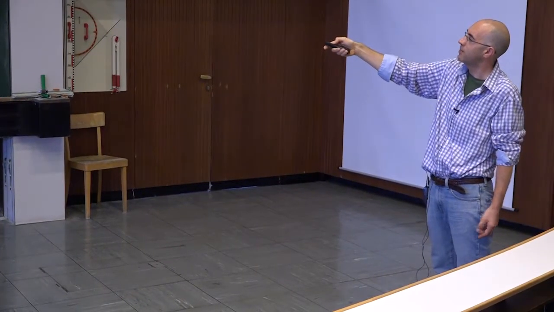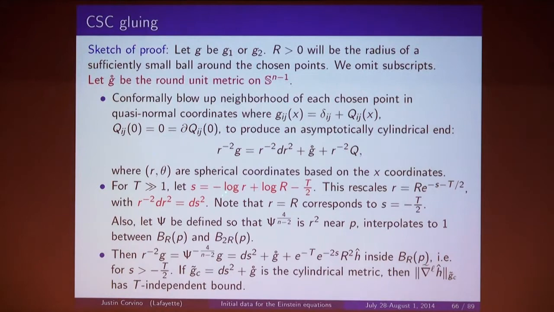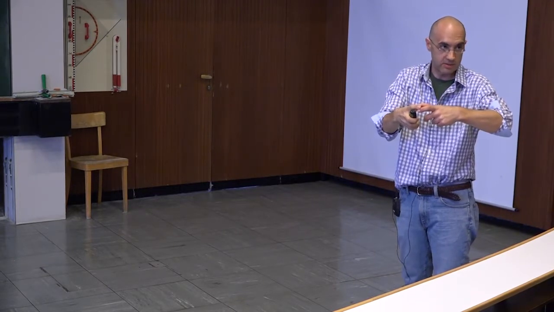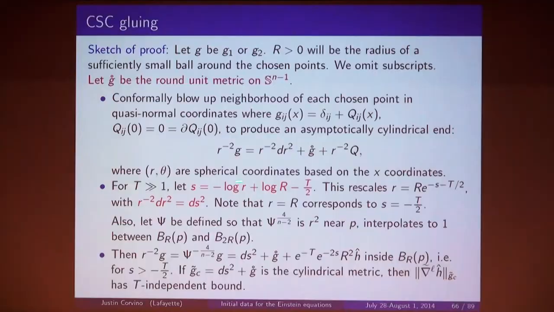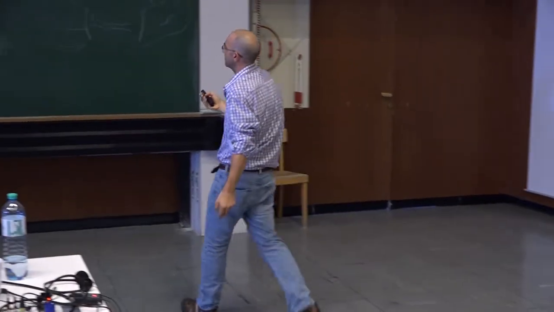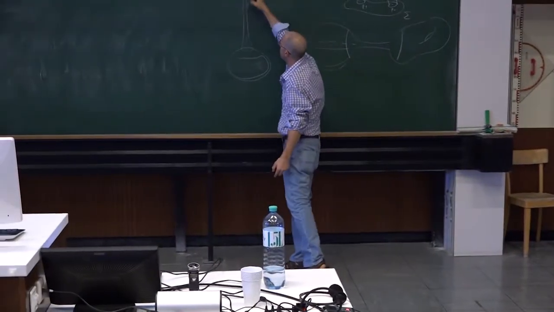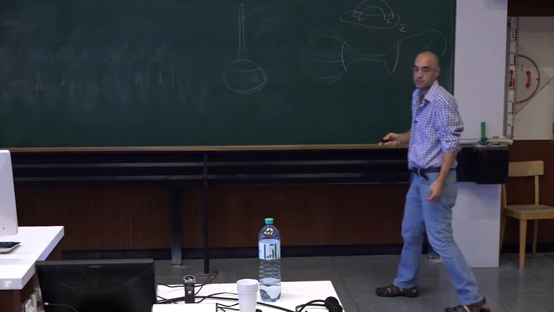It's convenient to make s be equal to this thing. r is a fixed number representing the size of a ball in which we're doing this gluing. So this is just a constant. That's r, distance to a point, and this t is a parameter that'll basically measure the length of the neck in the conformal picture.